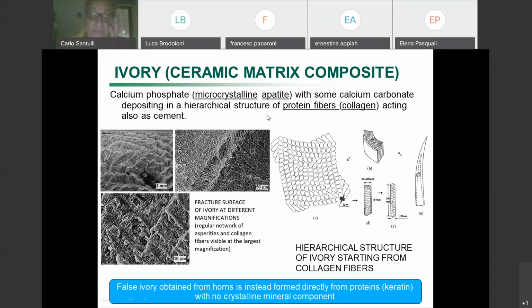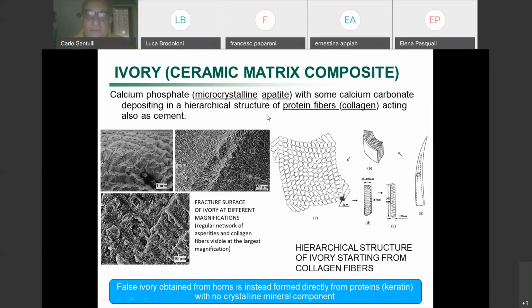In that way, you have a whole protein structure.